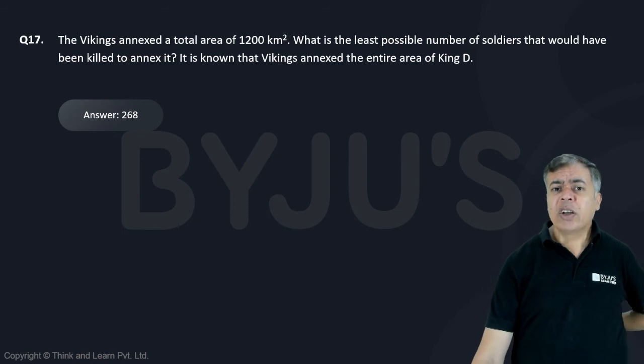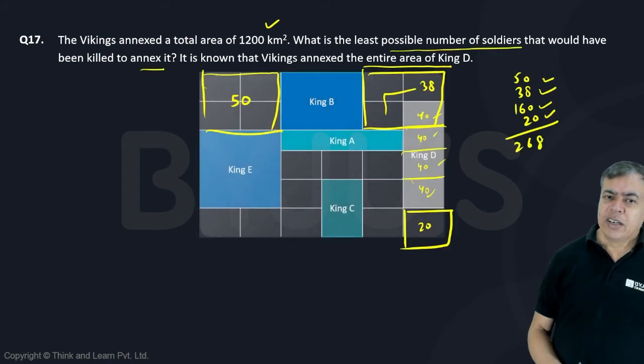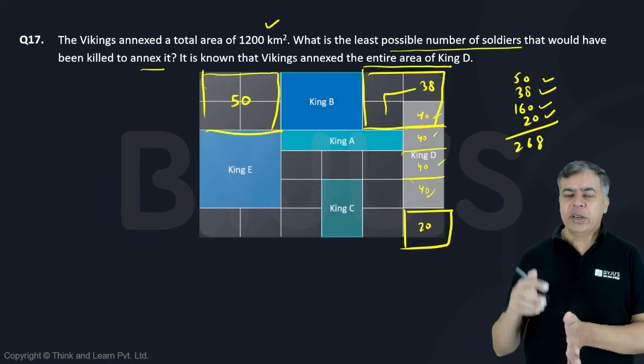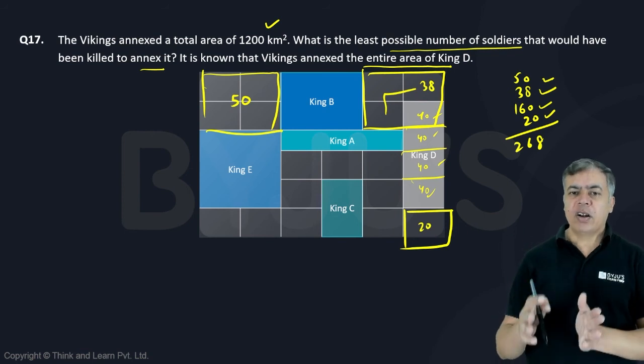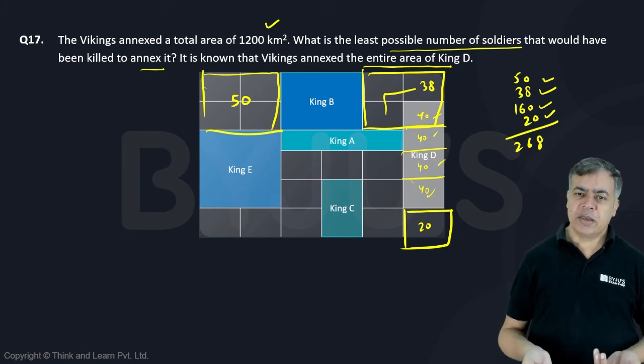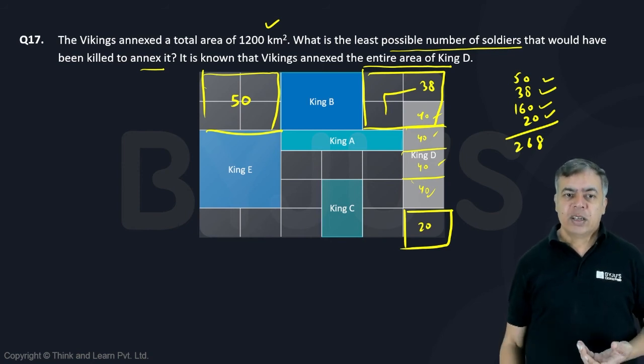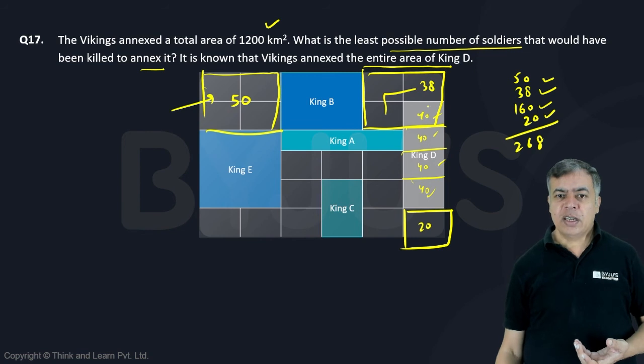You need to think of minimizing this, right? Because if you see here what I was doing in king D, whether you take single or you take all together, this is going to be the same. But you need to attack on squares only. So here you can attack in square, here you can attack in square.